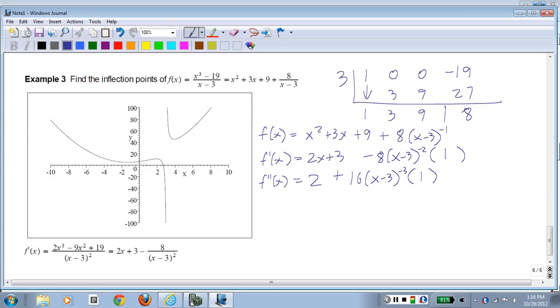Well, we're taking another derivative. So f double prime of x equals 2 plus 16 over x minus 3 quantity cubed.